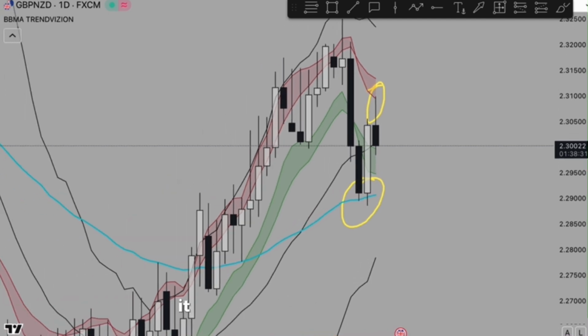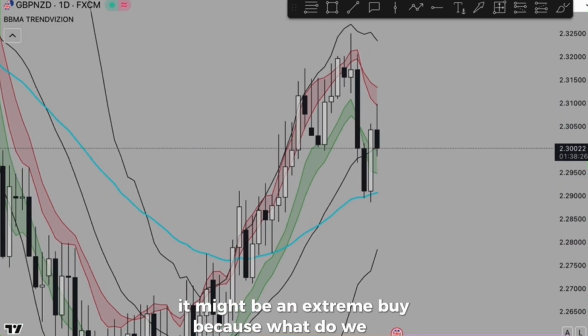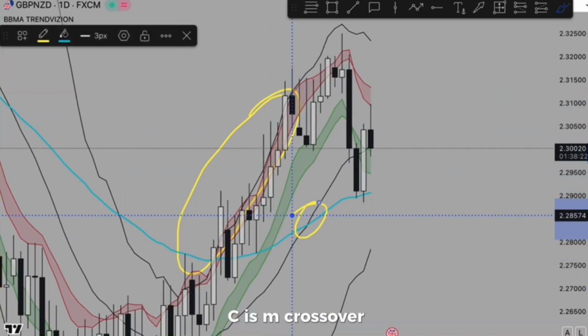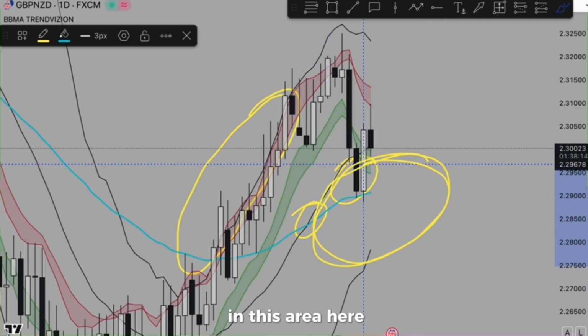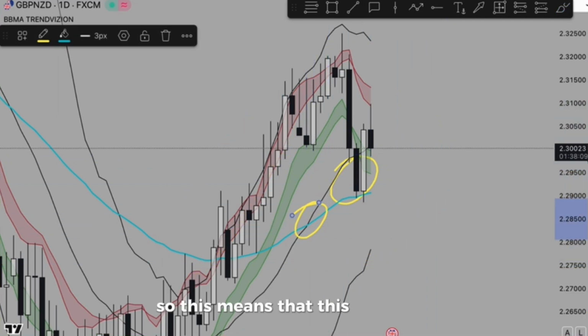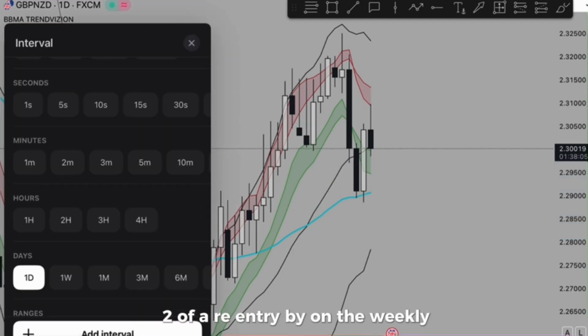So in this case it might be an extreme buy, because what do we see? CSM crossover, CSAK sell, meaning it can go down to a re-entry zone in this area here. So this means that this might be the time frame 2 of a re-entry buy on the weekly.